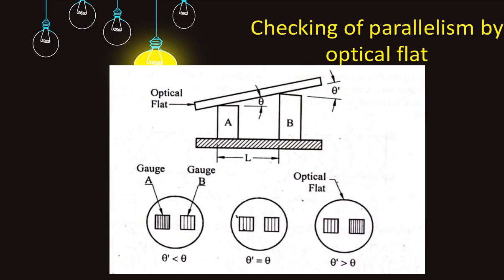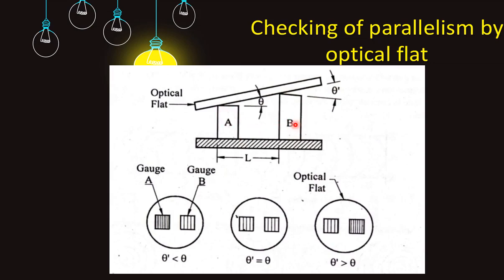Let us check how we can measure parallelism by optical flat. Okay, consider this figure. Here two blocks, one whose surface is made optically flat and the other whose surface is to be checked, are rung on the flat surface. An optical flat is placed on the top of both blocks as shown in the figure.